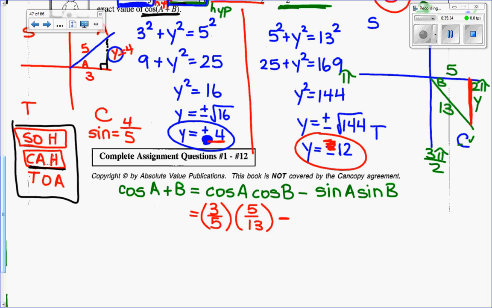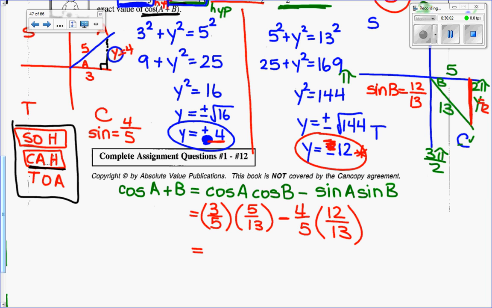So sine A is 4/5. And we can do the same thing with our B angle. If our y is 12, which is what we figured out right here, then we have opposite, which is 12, over our hypotenuse, which is 13. So sine B is 12/13.